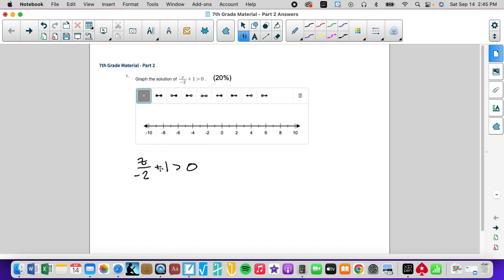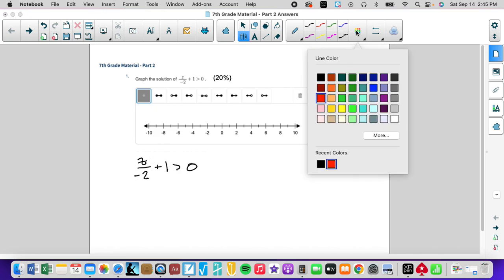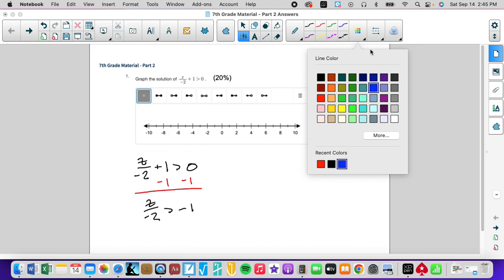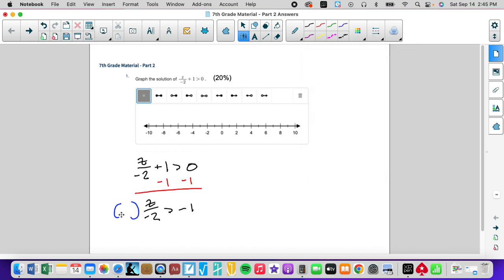So we have something adding, something dividing. Yes, we will be getting rid of things being added and subtracted just like normal. And that gives us z over -2 is greater than -1. Then we are going to multiply by the reciprocal, which is -2.